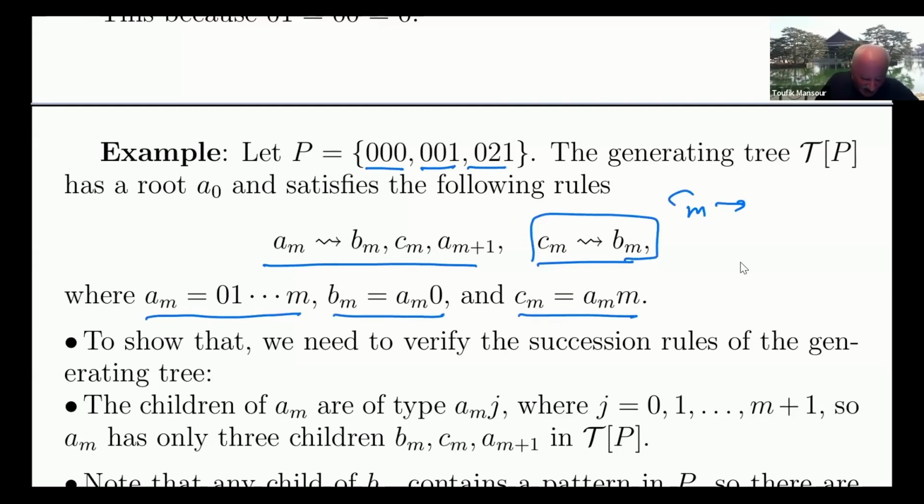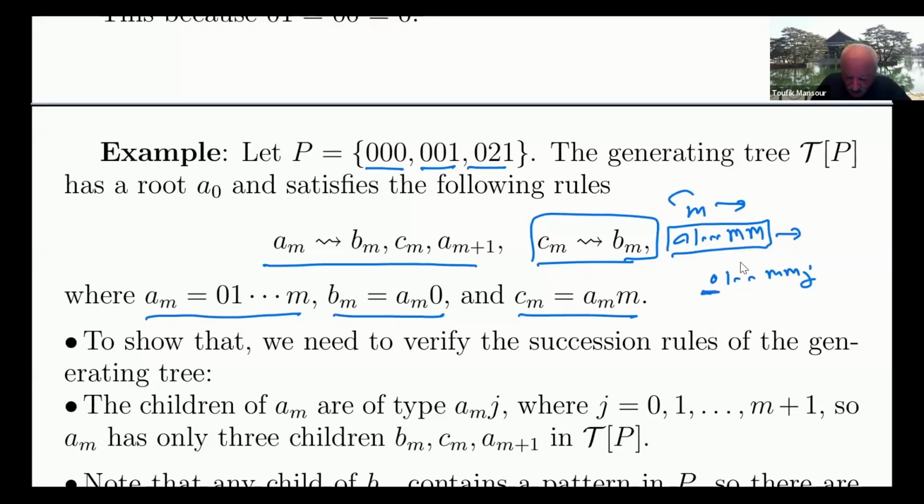Let us write CM in full notation. So 0, 1, 2, M, M. I want another child. So the children of this ascent sequence are 0, 1, M, M. I want to add a letter J. But the letter J, because we avoid 0, 0, 1, and 0, 0, 0, and 0, 2, 1, I should be careful.